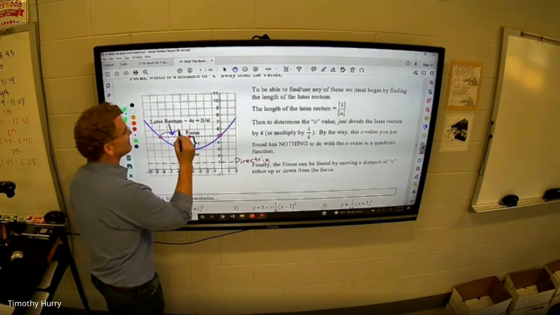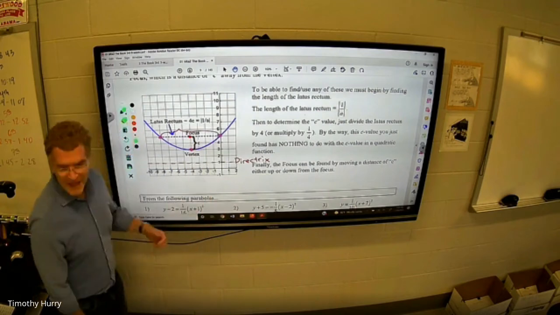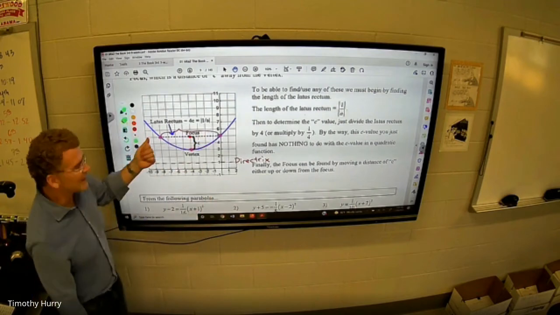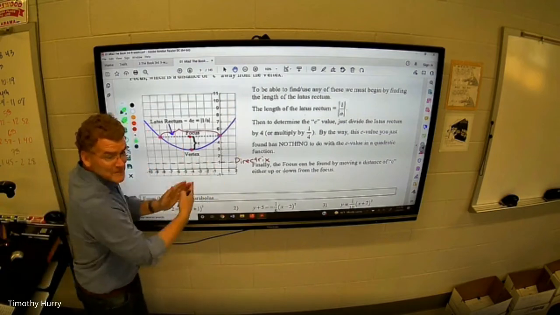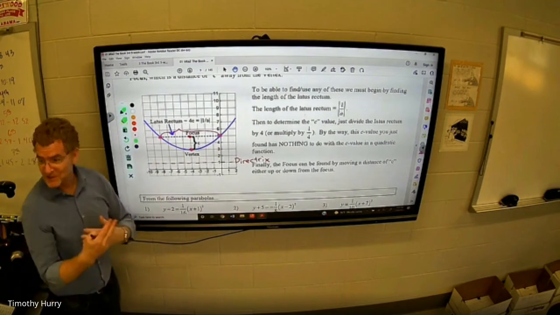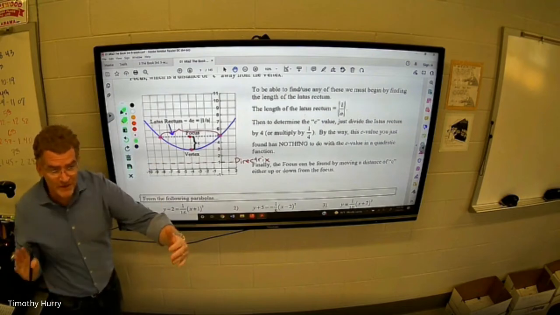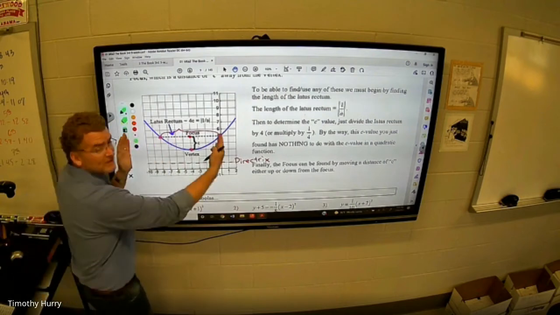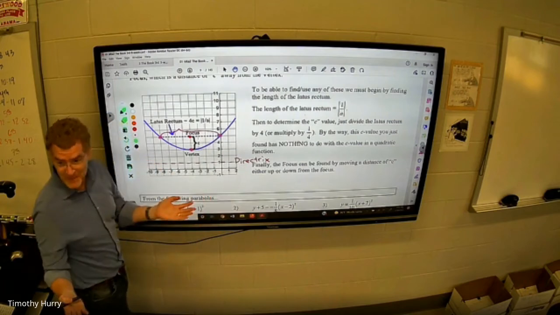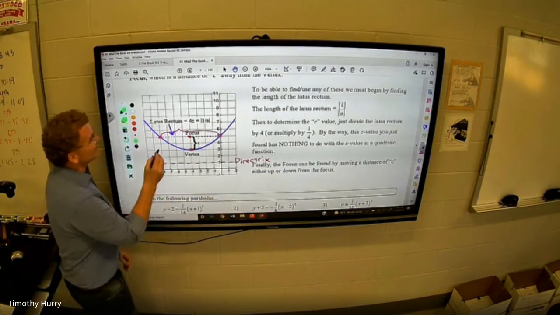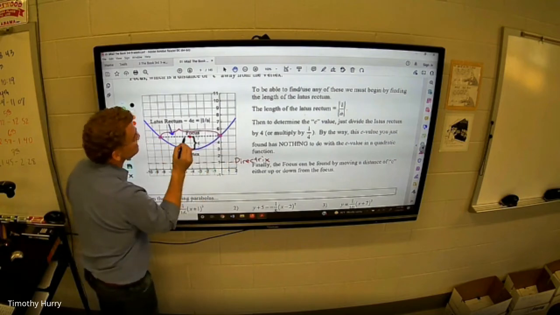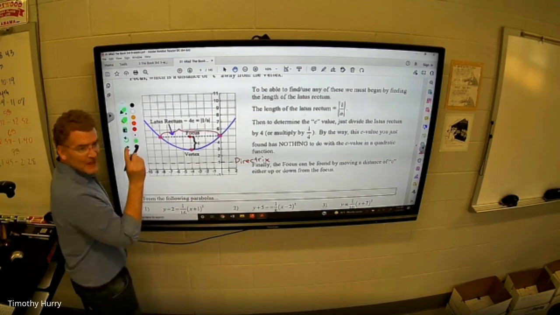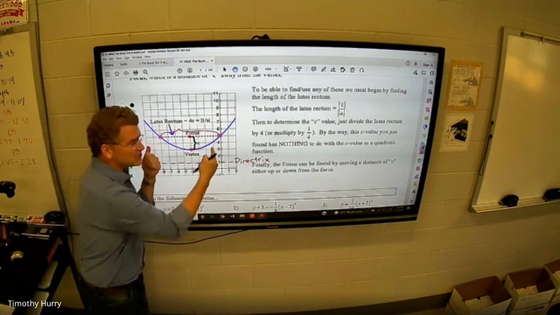I normally have people chuckle when I say lattice rectum, but if you look at it, rectum means opening, okay? Lattice comes from something in Latin having to do with width, but essentially means the width of the opening. See, I'm getting chuckles. Okay, so the bottom line is the lattice rectum right here, that length, if I could somehow find it, it could really help me get 2 points.